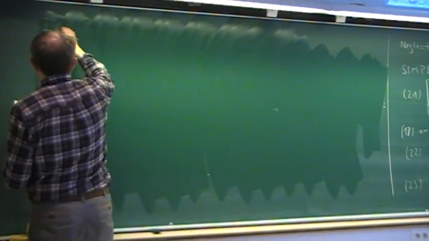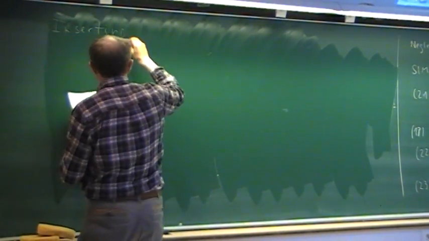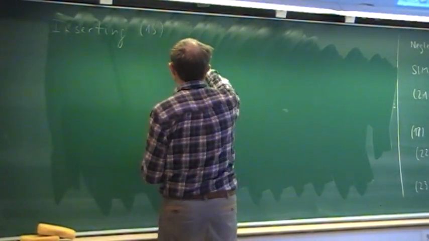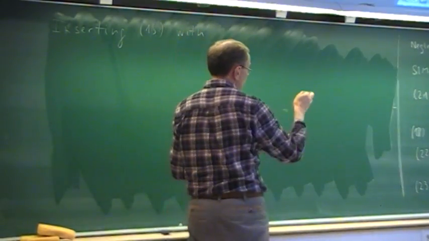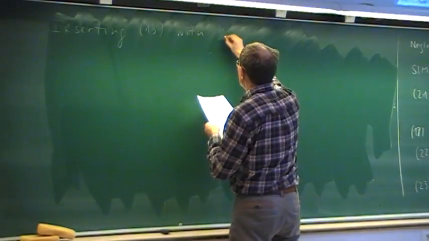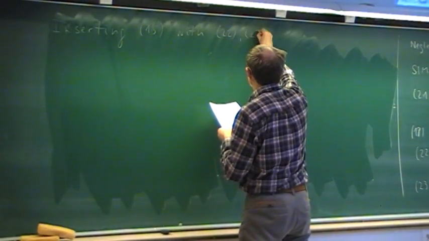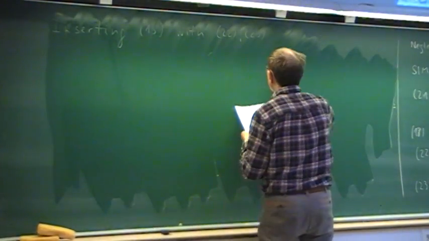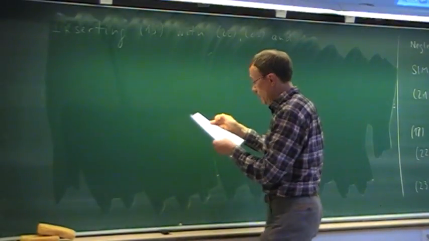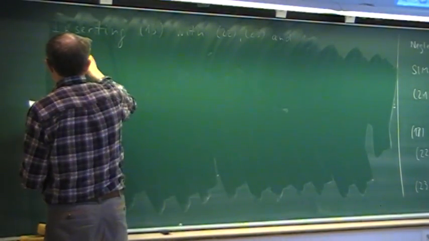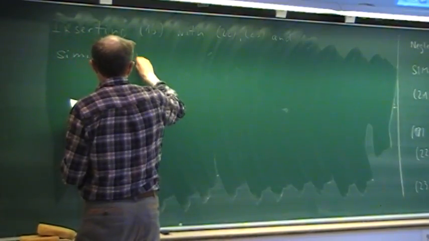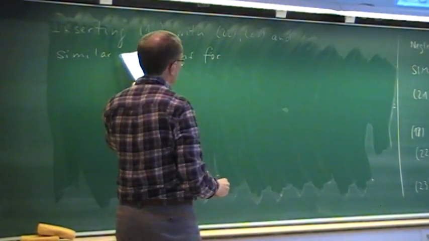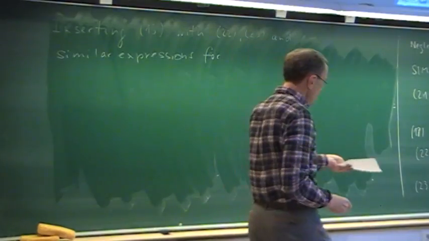So, inserting this equation 15 for the velocity components u and v, with the expressions for u prime and v prime coming from 22 and 23, that is using the simple approximation, and similar expressions, that would be for, we do it for uij and for vij.